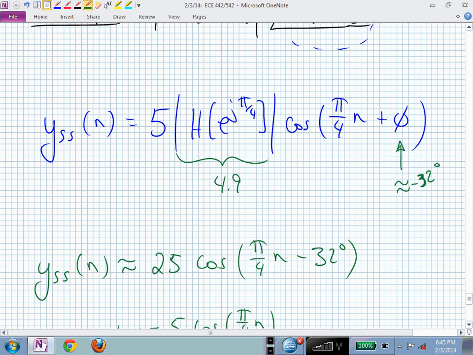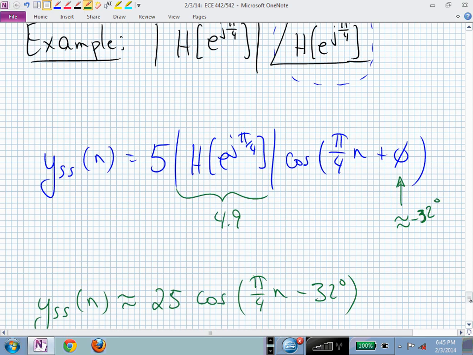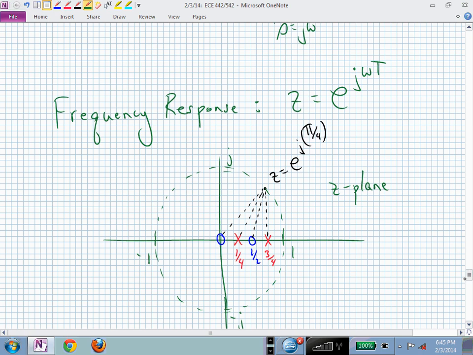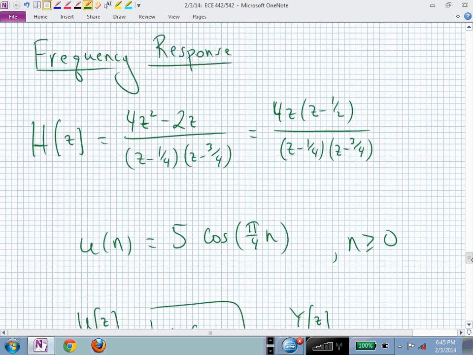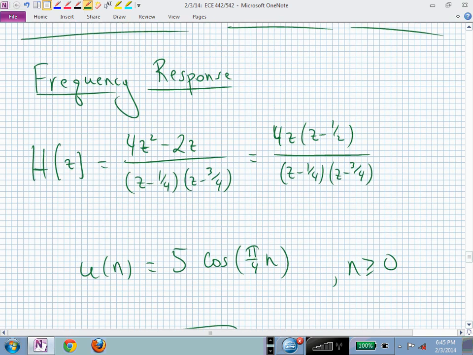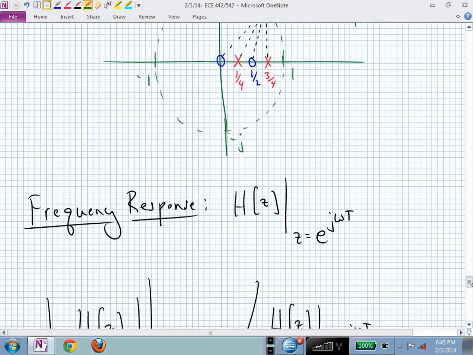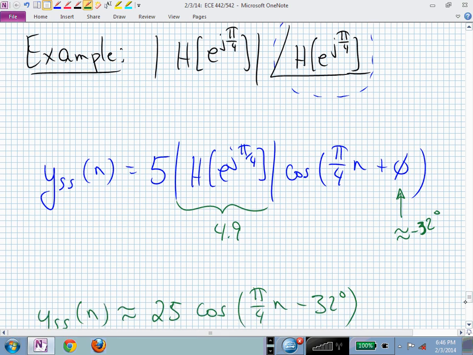In this particular case, we are simply taking these lengths and dividing by the pole lengths, multiplying, on the numerator, we have those lengths multiplying each other, and if we had a factor out front, which we did, I think it was 4, then we scale all of that by 4, and that's then the magnitude, which in this case ended up being 4.9.